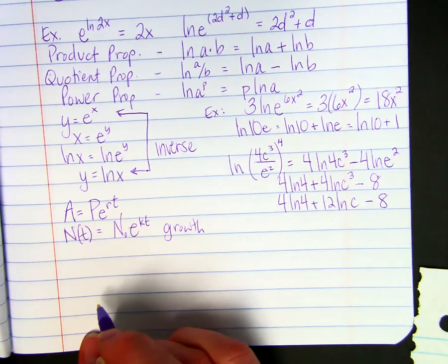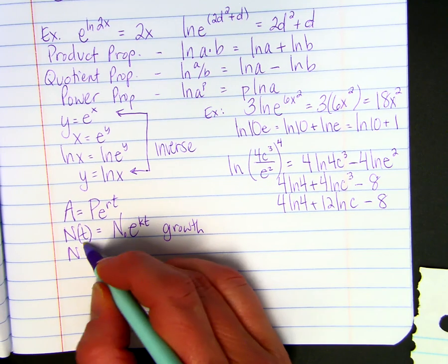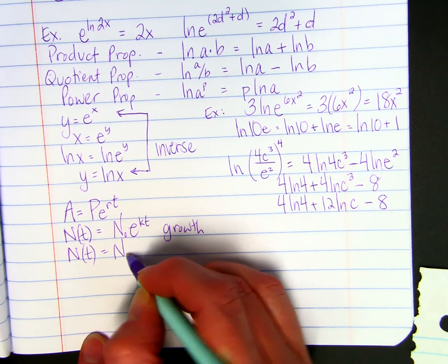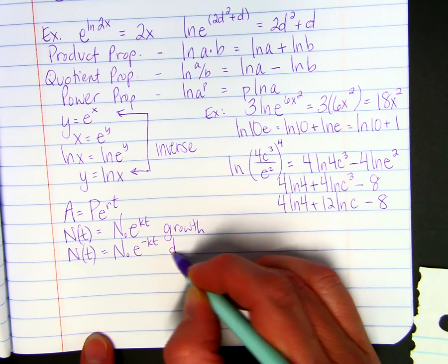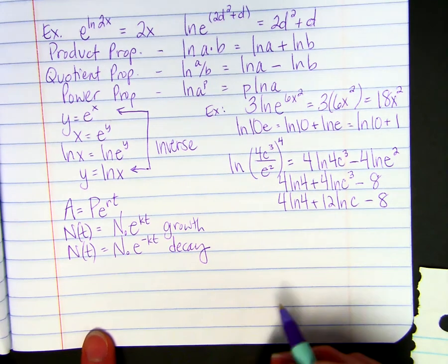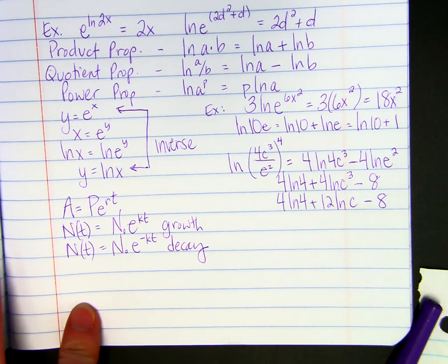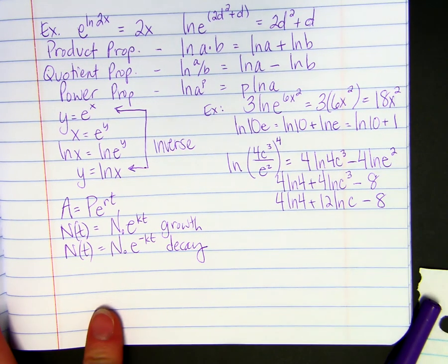And for decay, your k would just be a negative number. And that's for decay. So we'll use those throughout the homework also. That's the end of this lesson.